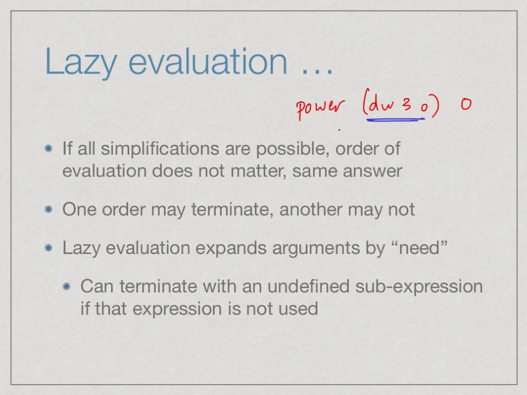So the point is that using outermost reduction in this case, you get some expression which terminates, whereas if you use innermost reduction, that is you start from the arguments and move outwards, then you will get a situation where your computation either doesn't terminate or gives an error. So lazy evaluation is also called call by need. Okay, it uses the arguments only if they are needed, and therefore, as we have seen, it can terminate even though there are undefined sub-expressions which are not used in the computation.